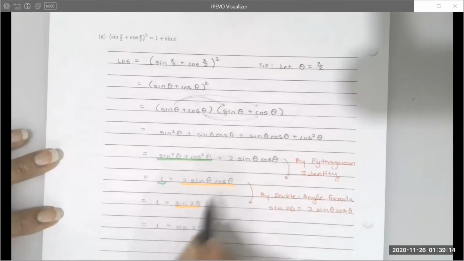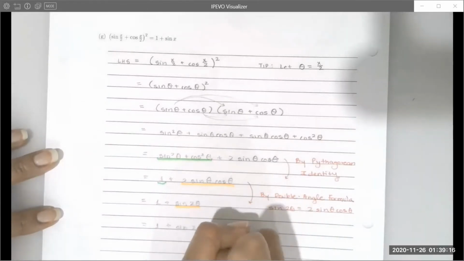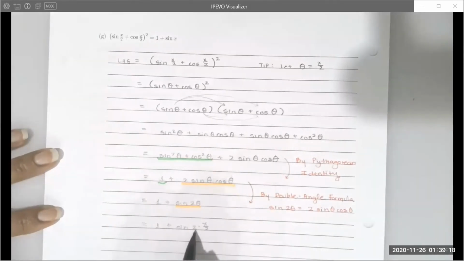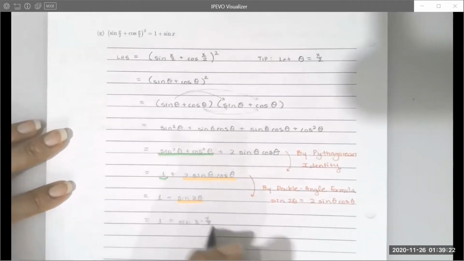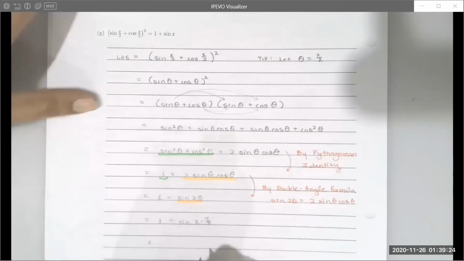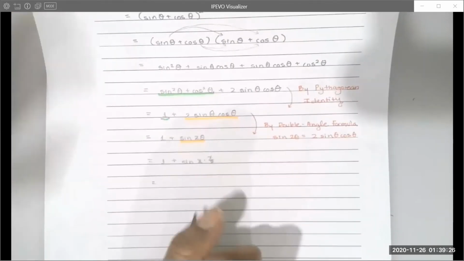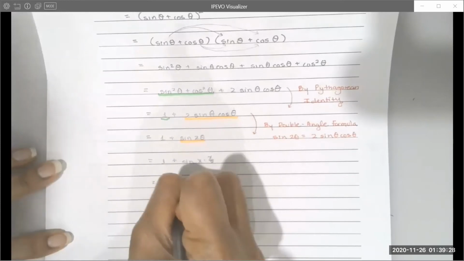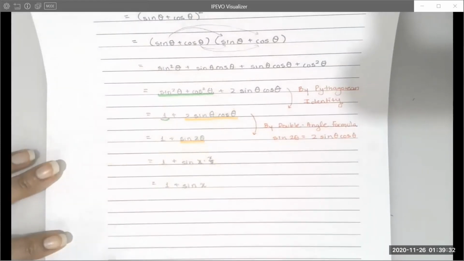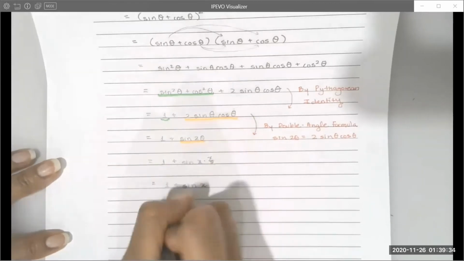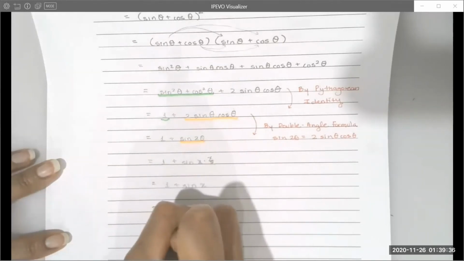I'm going to replace theta with x over 2. And notice if we have a 2 times an x over 2, the 2's are going to cancel, giving us a 1 plus a sine of x. And that is exactly the right-hand side that we were trying to work towards.